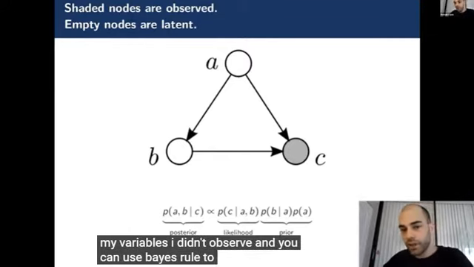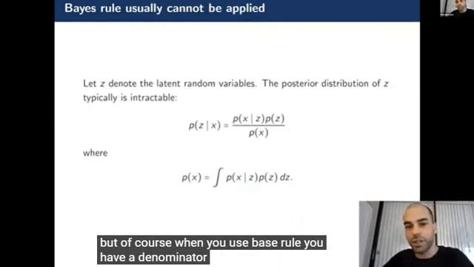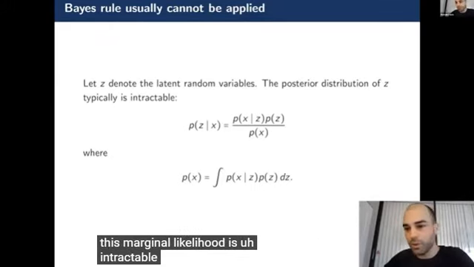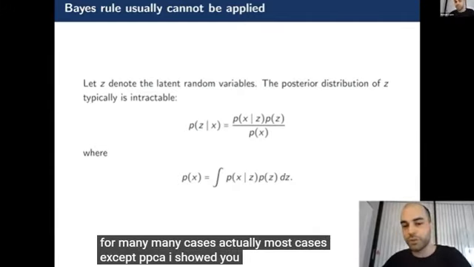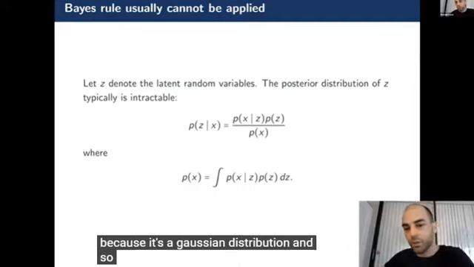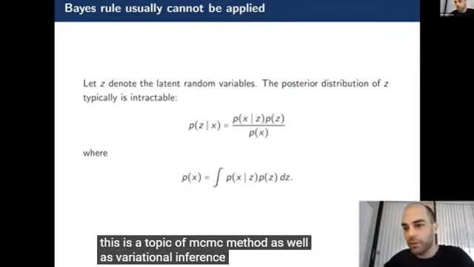And you can use Bayes' rule to calculate that. But of course, when you use Bayes' rule, you have a denominator, which is a marginal likelihood. This marginal likelihood is intractable for many cases, and actually most cases, except PPCA I showed you, because it's a Gaussian distribution. And so this is a topic of MCMC methods as well as variational inference.